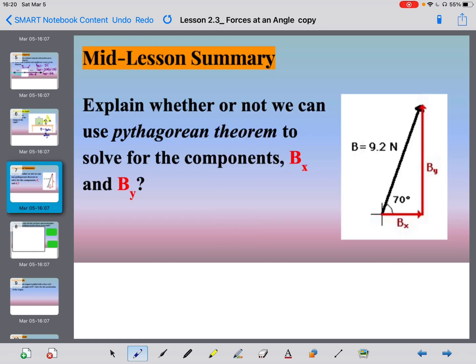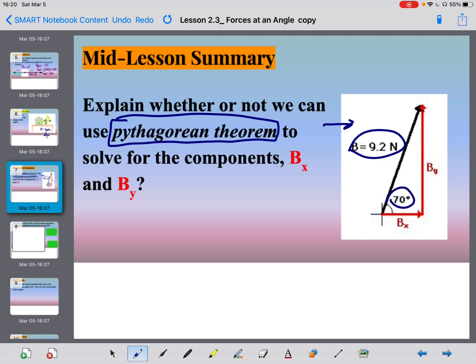So now let's think about whether or not we can use the Pythagorean theorem only to solve for the components Bx and By. Given this diagram to the right, you have a resultant of 9.2 newtons, and then you're given an angle. I want to know if you can find this component Bx and this other component By, given that information.